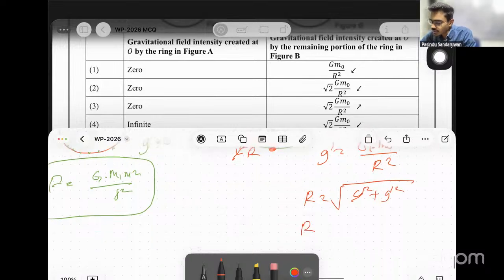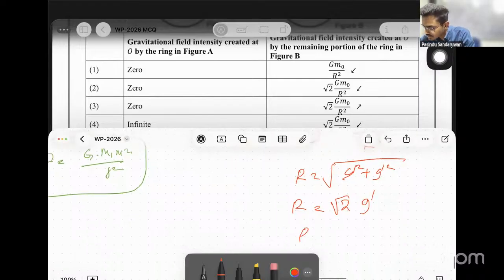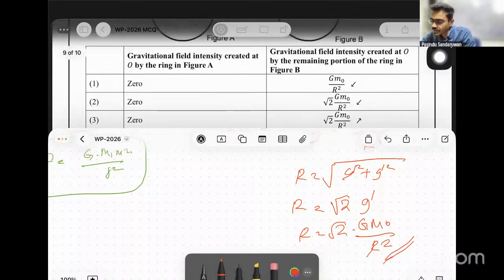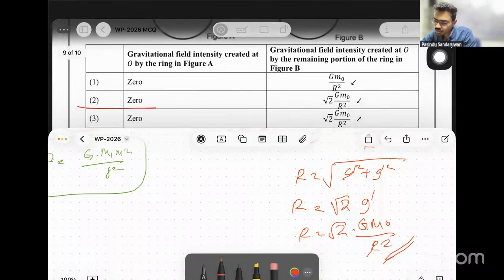Always, if you have identical perpendicular vectors, the resultant is root 2 times one vector. So the resultant is root 2 times G dash, which is root 2 G m naught over r squared.